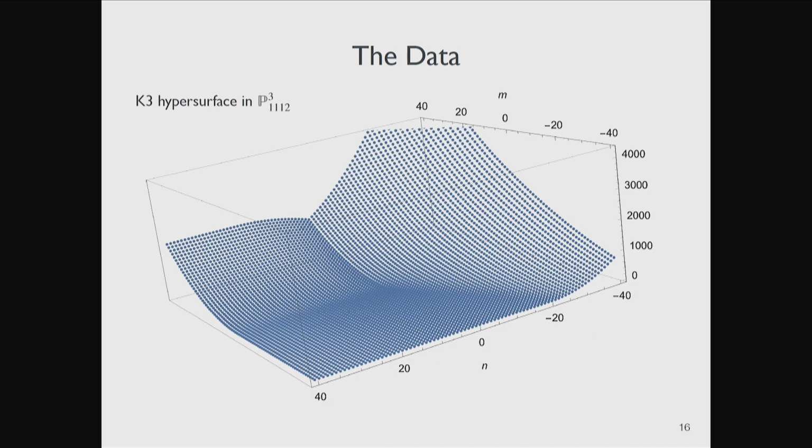So this is an example of a hypersurface. This is the K3 that I was talking about. Well, it looks very similar. One thing to notice is that here M and N are really the integers that define the line bundle, and you can see that the entries on the axis here, which describes the cohomology group dimension, looks like it's quadratic in these integers.